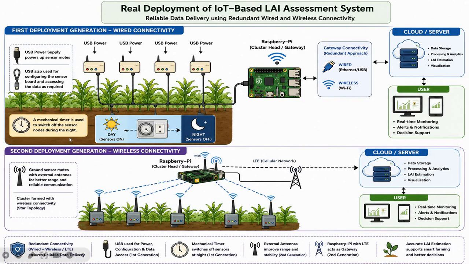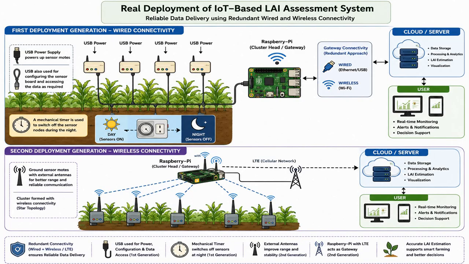In this setup, the sensor nodes deployed in the crop field are powered through a USB power supply, and the USB connection serves two important purposes, that is supplying power to the sensor nodes and enabling the configuration, maintenance and data access when required. A Raspberry Pi here acts as a cluster head and gateway, collecting sensor readings from the field.